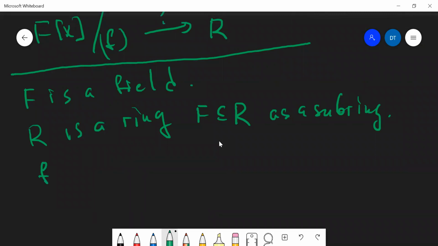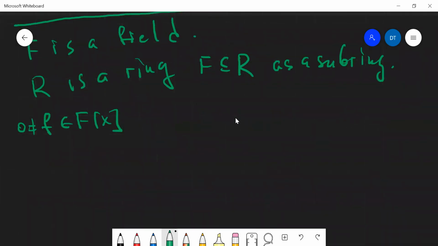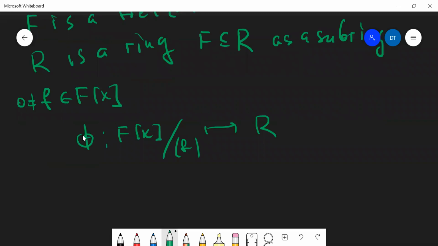Now, I'll take a non-zero polynomial f. And then I want to describe all possible homomorphisms from this ring to R, but with an additional condition. I want this homomorphism to take elements of the field F to exactly the same elements of the field F inside R. I want φ(a) to be a for any element of the field.